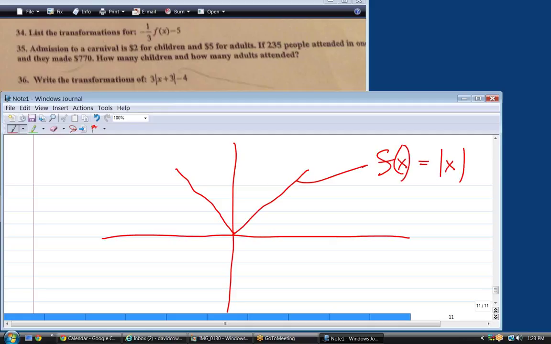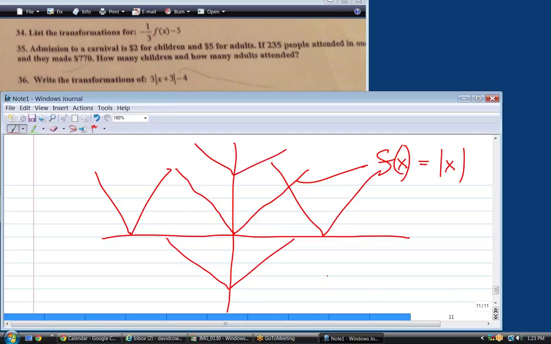Transformations are all about taking your elementary functions and moving them around on the xy graph. If this is my absolute value function, I can do a lot of things to it. I can move it to the right, to the left, down, up.